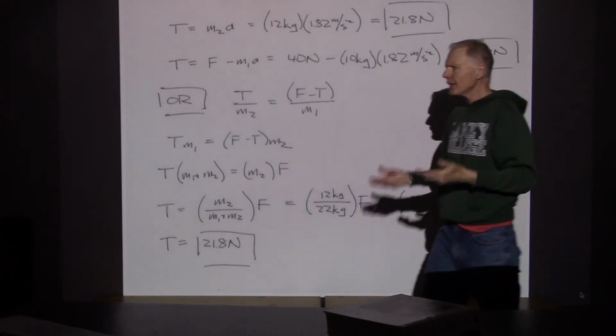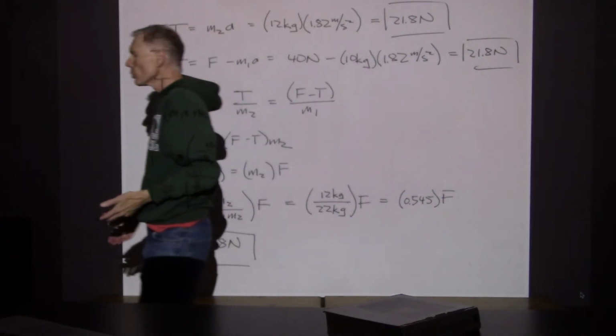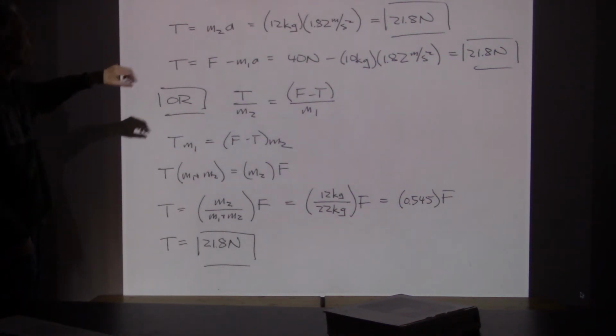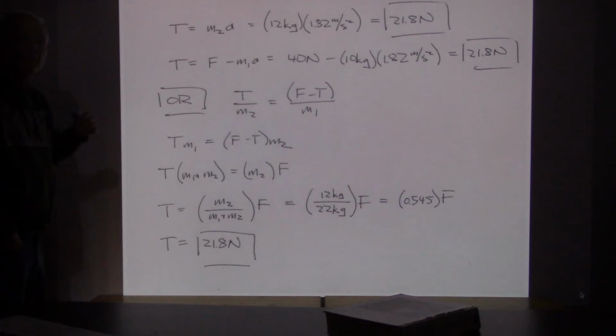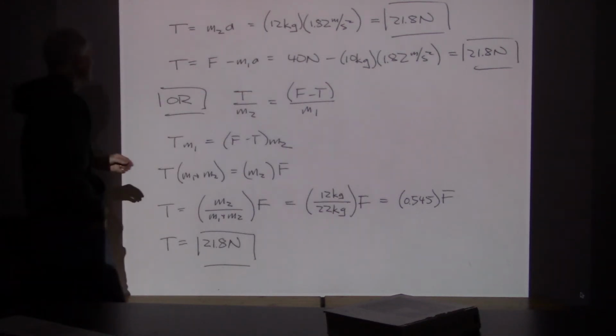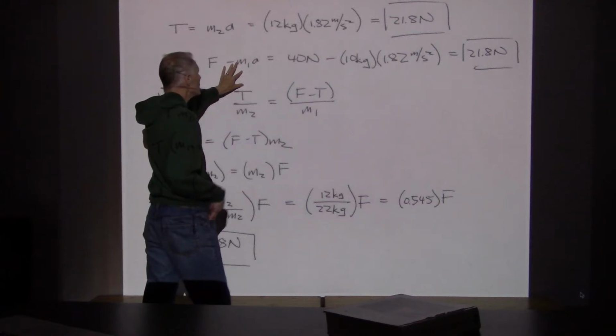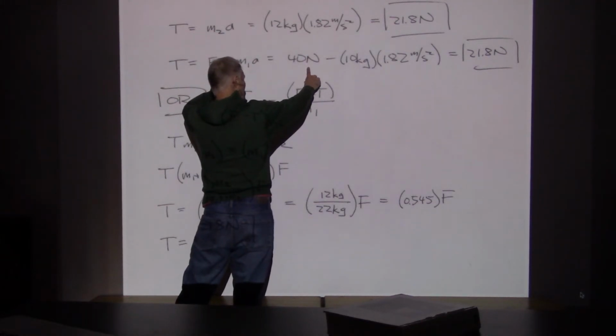So this is a way to double check your answers. If you want to check and see if your answers are all consistent, you can solve for both of these and see if they match up. Now there's a third way that we had hinted at, and that would be to say that the acceleration of object 2 equals the acceleration of object 1.